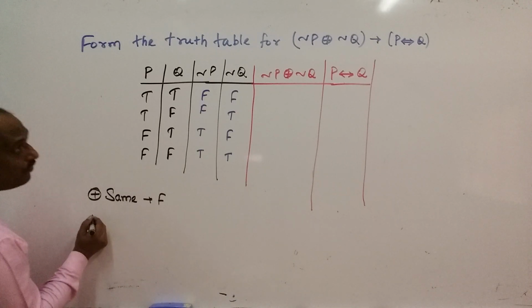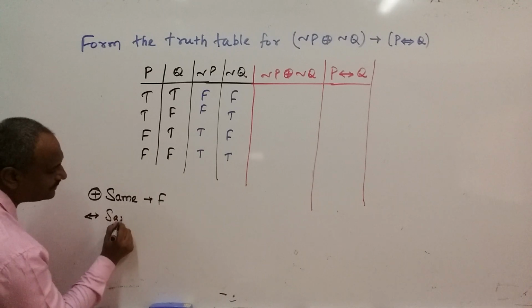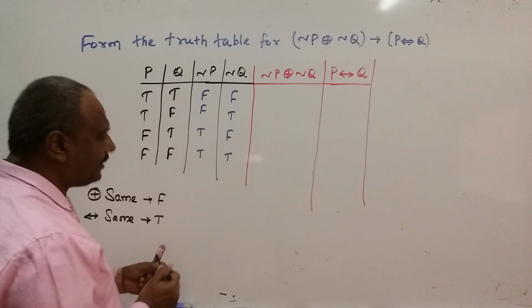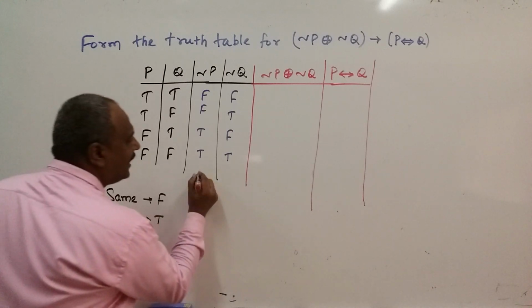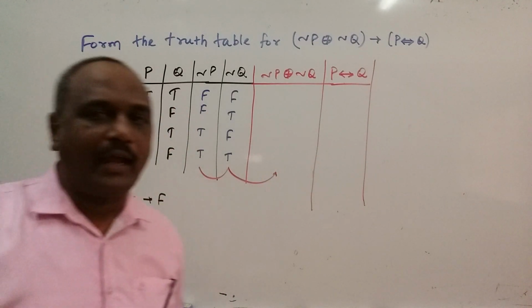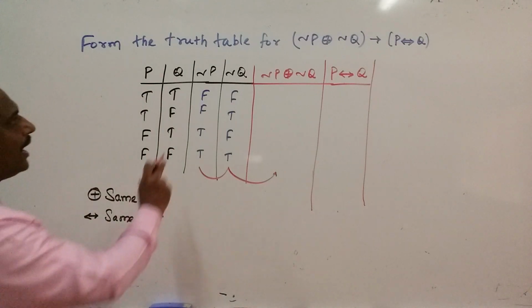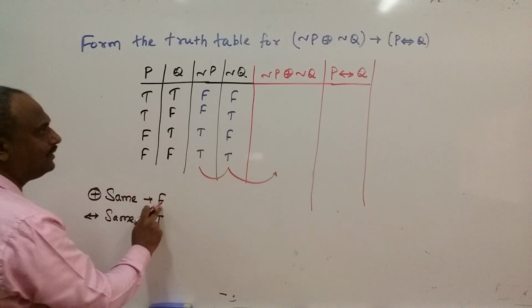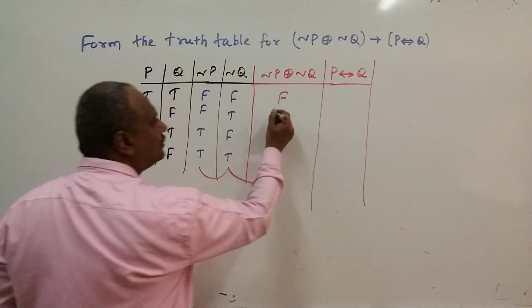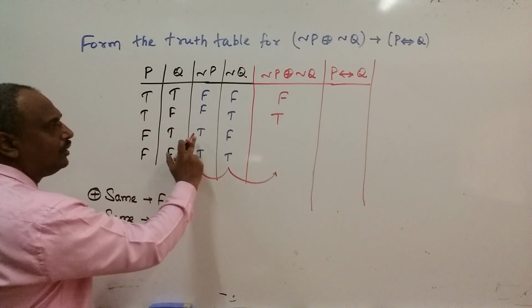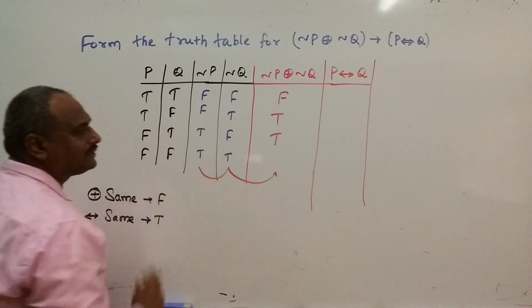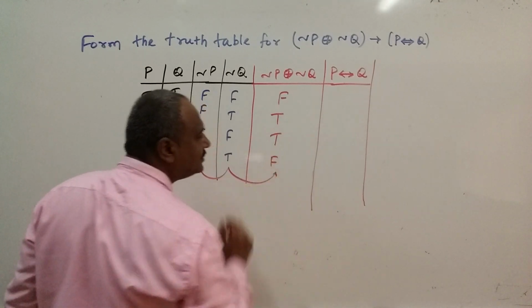For the biconditional, if the statements are the same, the result is true. First I combine negation P and negation Q using exclusive OR. False, false: the statements are the same, so the result is false. False, true: different, so true. True, false: different, so true. True, true: same, so false.